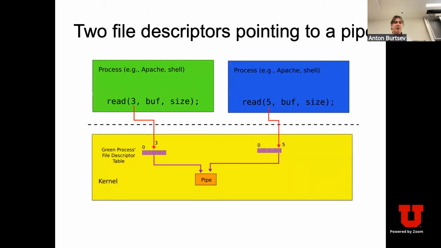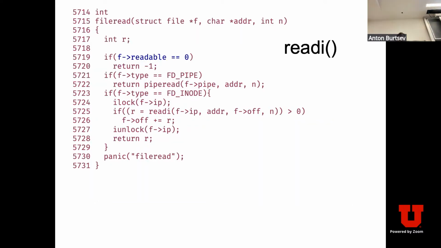So remember, the same API allows us to read from a pipe as well as from an inode. The implementation of this fileread function is like this. You say, if I'm not allowed to read a file, return -1 as an error. If reads are allowed, I check whether it's a pipe or an inode, and if it's a pipe, the operating system uses this piperead function. So it goes into a pipe and reads some data from the pipe.